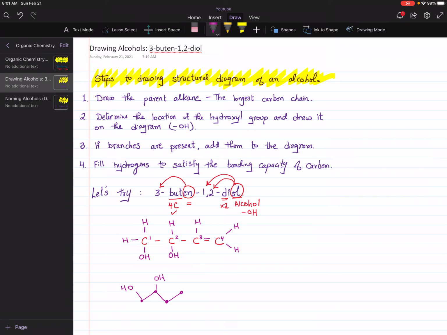So 1 and 2, I have the alcohol groups. And the other characteristic in the molecule is on position 3, we have a double bond. So between 3 and 4, you will see there is a double bond. And that would be the line structural diagram for 3-butene 1,2-diol.